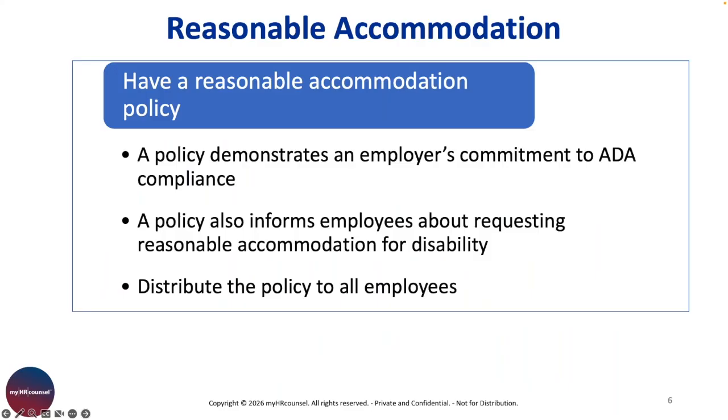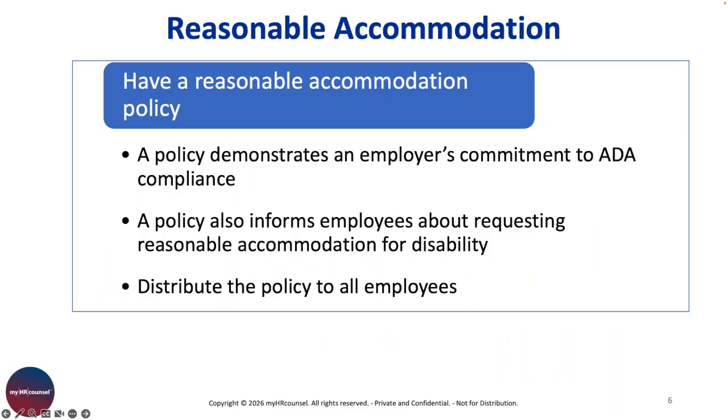A major part of looking at the ADA and the interactive process is considering reasonable accommodation. On the employer side, what you really want to have as a best practice is a reasonable accommodation policy. If you have a policy in place, it's in writing, it's going to demonstrate your commitment to ADA compliance. It's useful for an employer to have a written reasonable accommodation policy.